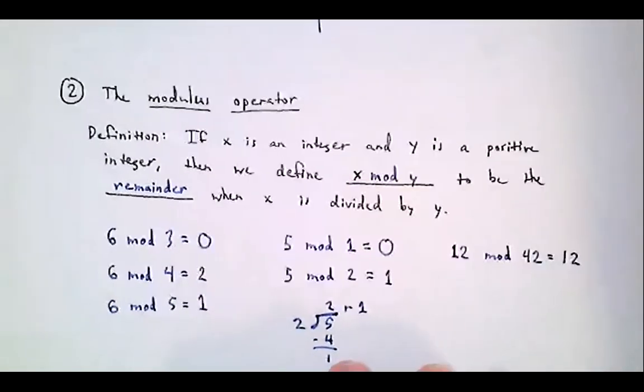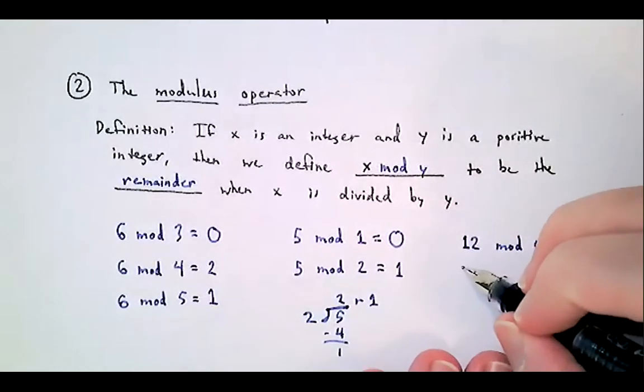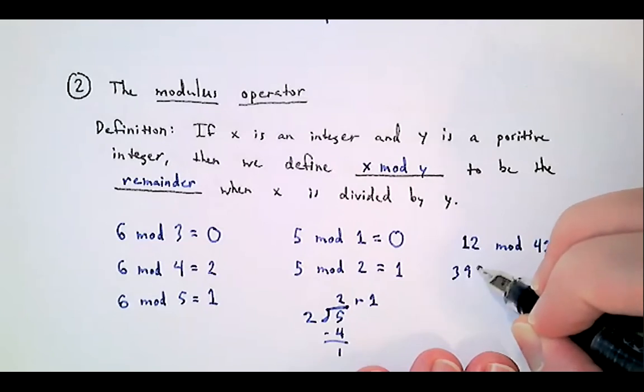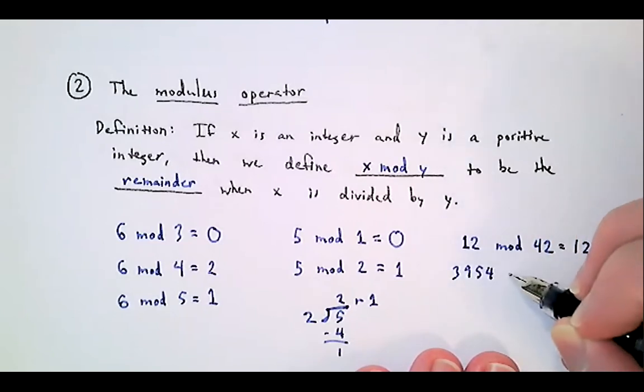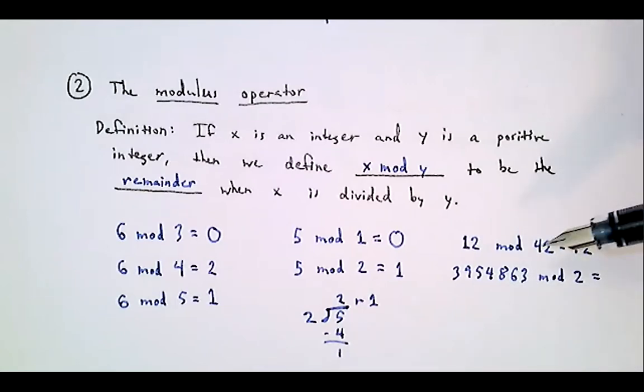Let's try this one. Just pick a large number. Modulo 2. What's the answer to this one? 1. Good. How can you tell it's 1, Nick? Last digit's an odd number.